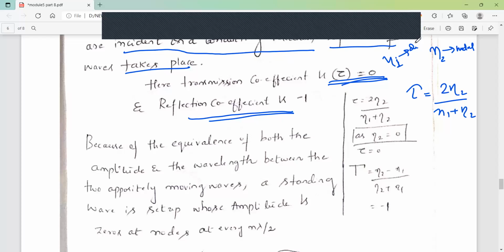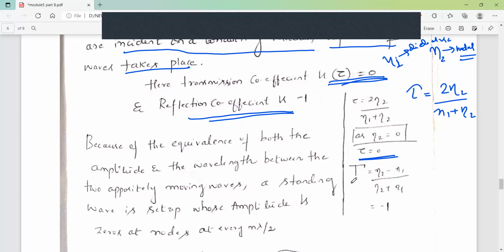Here it is dielectric or free space. Now for metallic surface, eta will be zero. So if eta is zero, then if you put this expression, you are getting the transmission coefficient as zero. So nothing will be transmitted.